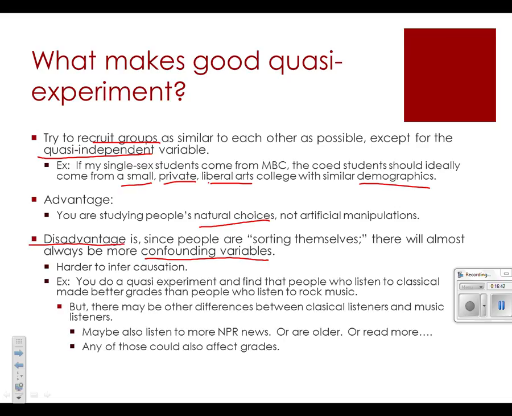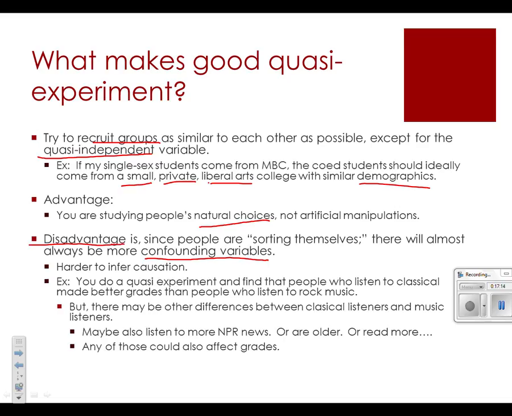And your dependent variable is college grades, and you discover that the people who listen to classical music make better grades than people who listen to rock music. All right. So, again, there may be other differences between people who choose to listen to classical music and people who choose to listen to rock music. For example, about the only radio station that's going to play classical music is NPR.